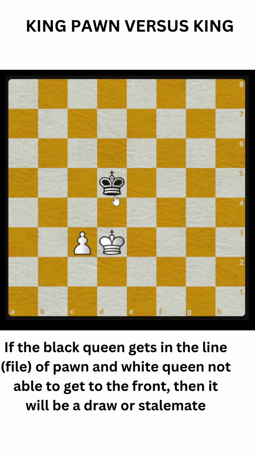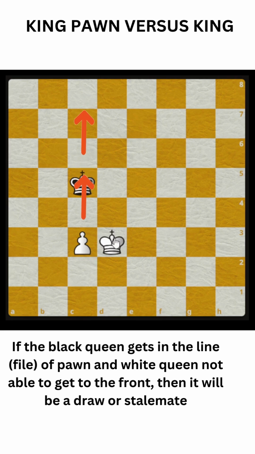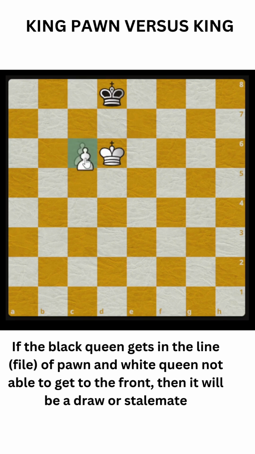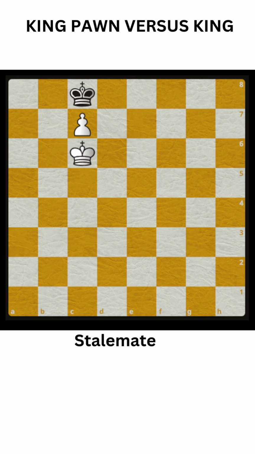If the black king gets in the line or file of the pawn and the white king is not able to get to the front, then it will be a draw or stalemate. Stalemate.